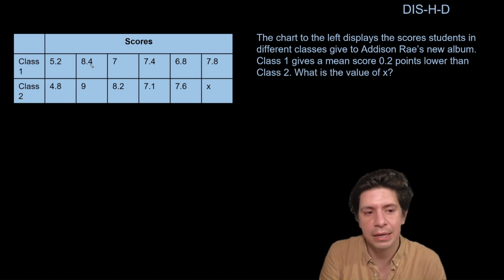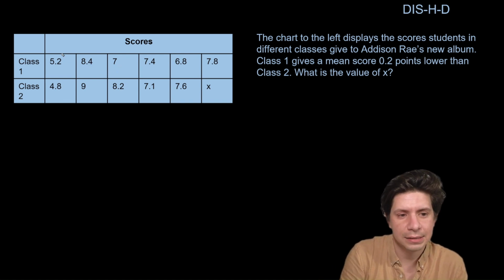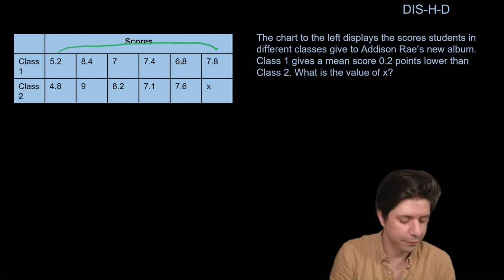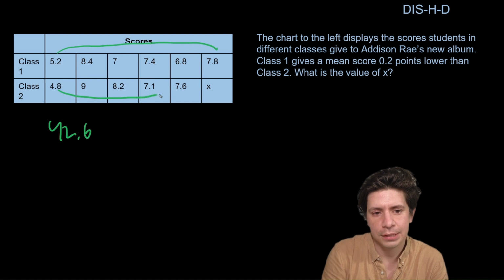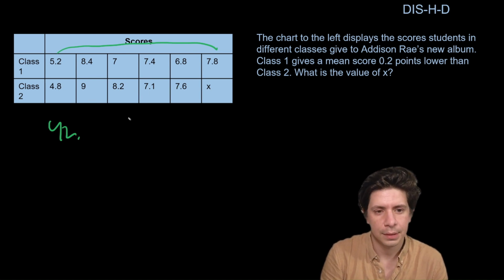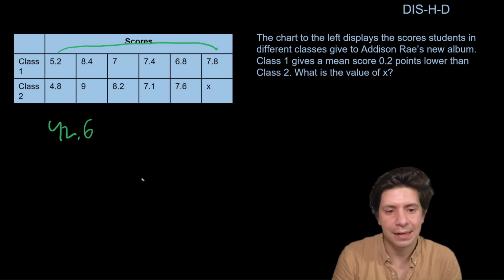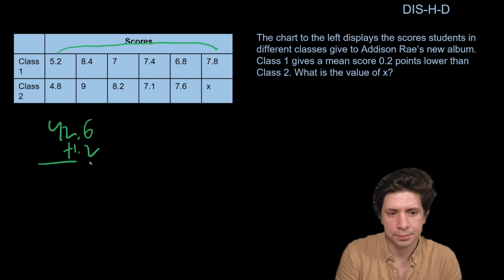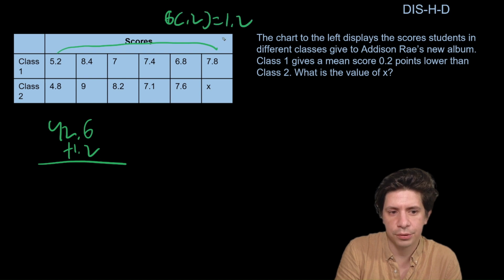So let's find the mean of class 1. What we'll do is add these together. You can do it in Desmos, and it gives 42.6. Now we're going to add 1.2 onto that, because we have 6 times 0.2, and that gives us 1.2.